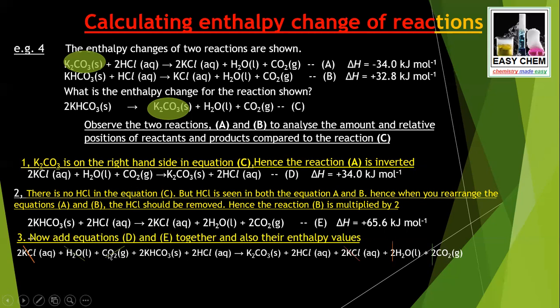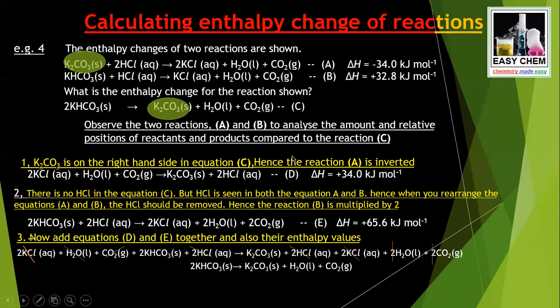So 1 carbon dioxide cancels out, 1 remains. And then one more thing to cancel out. 2 HCl cancel out with 2 HCl. And when you cancel out these similar things on either side of the reaction, we get the final equation 2 KHCO3 giving K2CO3 plus H2O plus carbon dioxide.